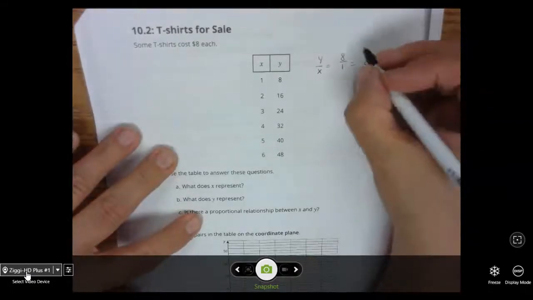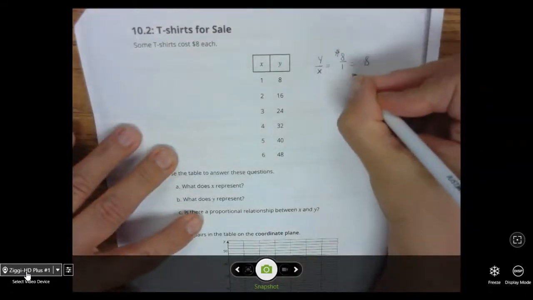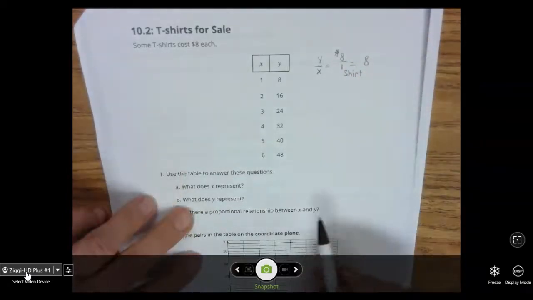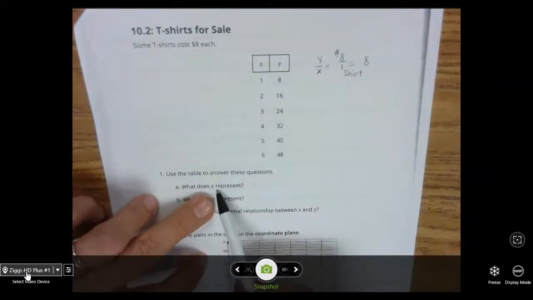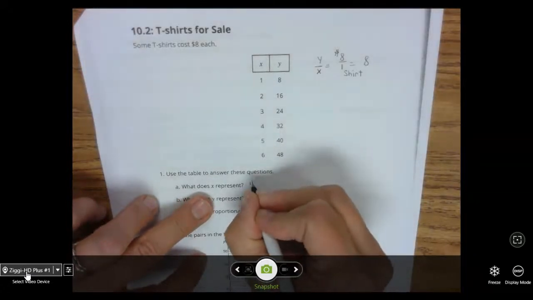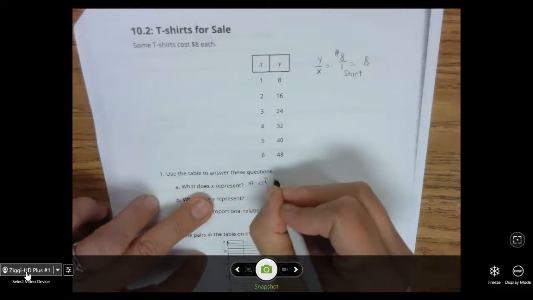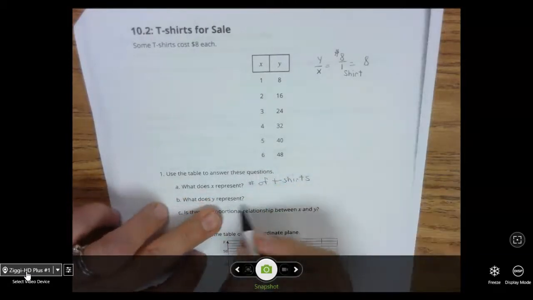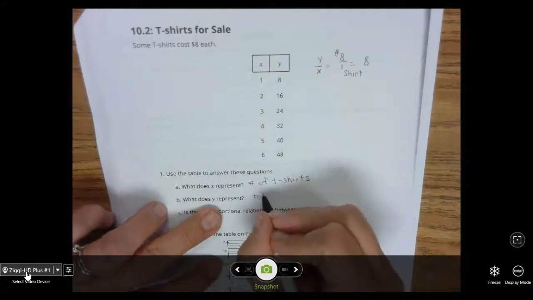So it's $8 for one shirt. Okay, so then that helps us figure out that X is going to represent our number of t-shirts. And Y represents our total cost.